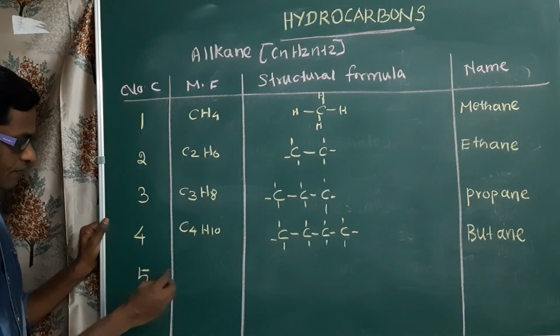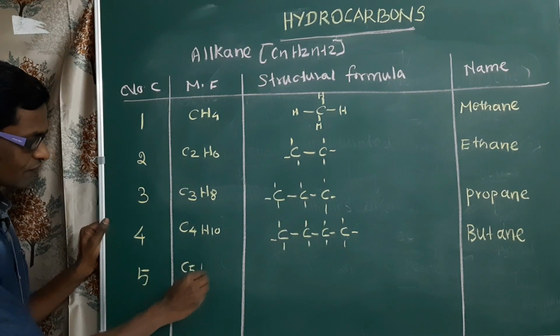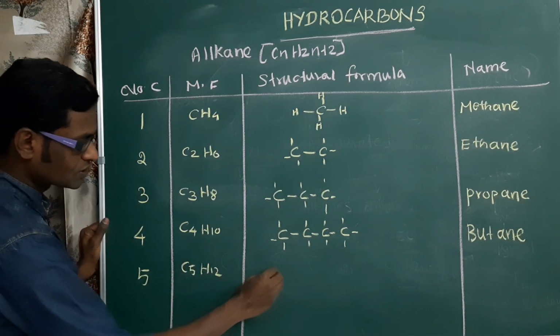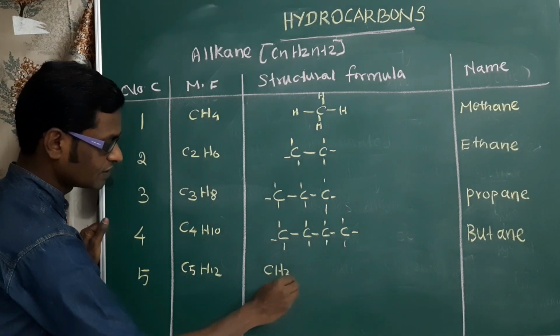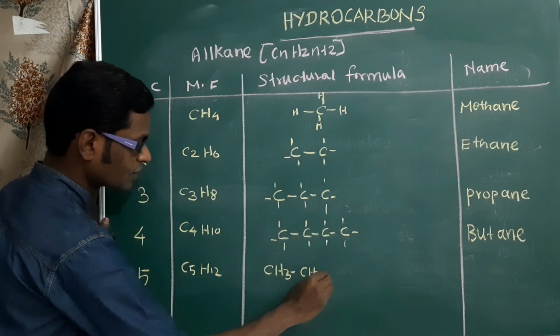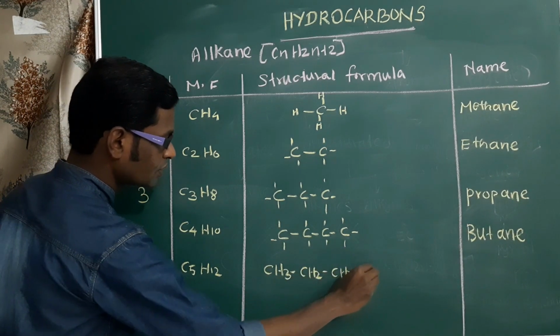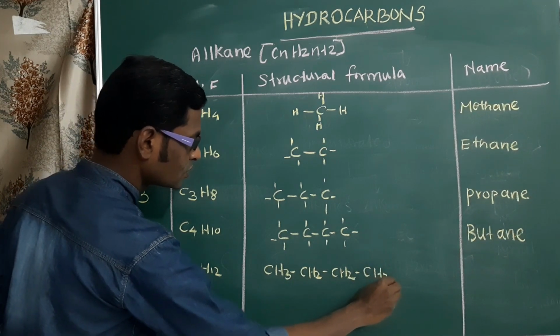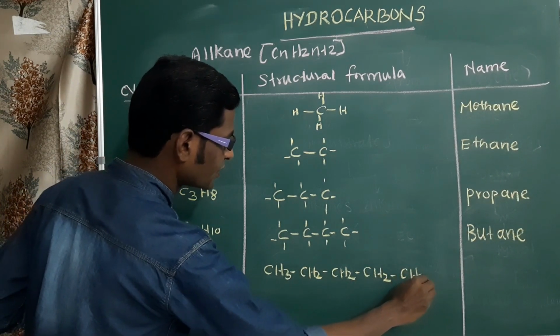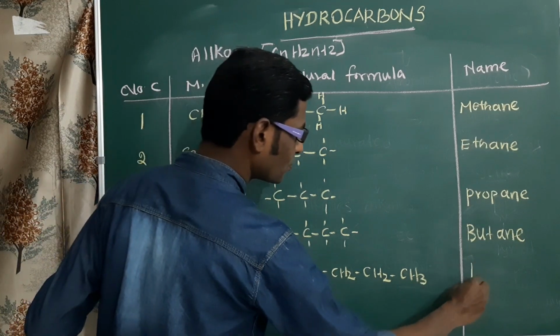Carbon number 5, molecular formula C5H12. Structural formula we can write like this: CH3, CH2, CH2, CH2, CH3. Name of the compound pentane.